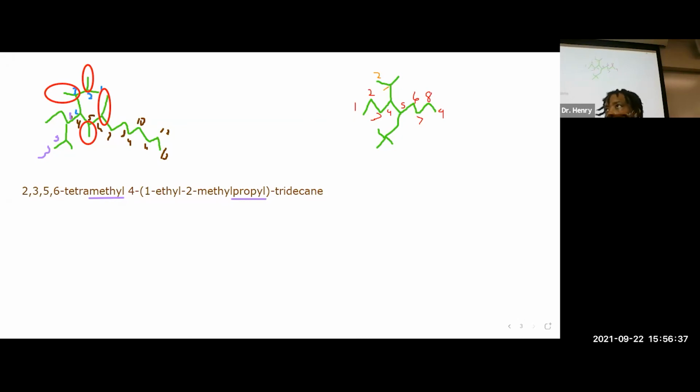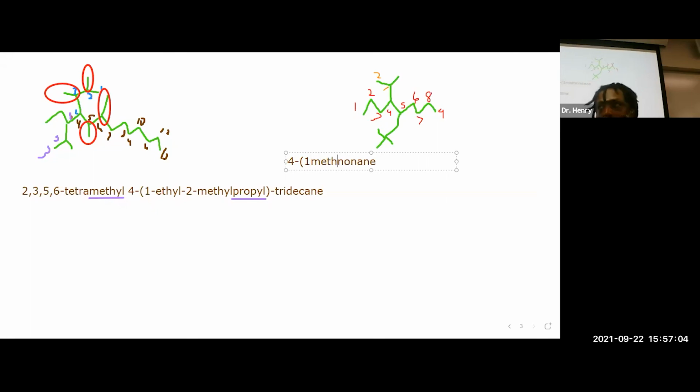So start typing out this name. So a 9 carbon chain. And we have on 4. What am I going to do for what? Parentheses.